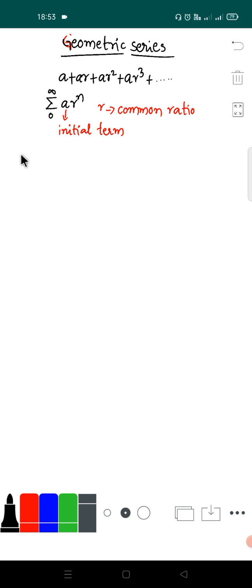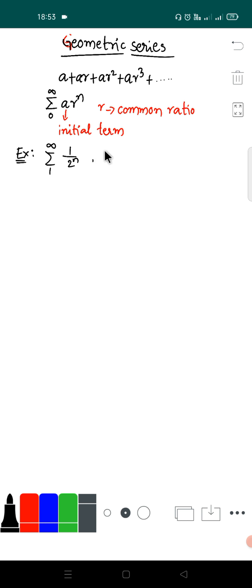In the last video, we saw one of the examples, like the summation of 1 by 2 to the power of n, where n goes from 1 to infinity; it doesn't matter, 0 to infinity, whatever it is.